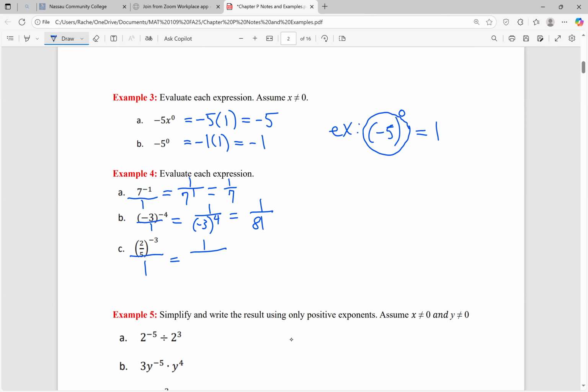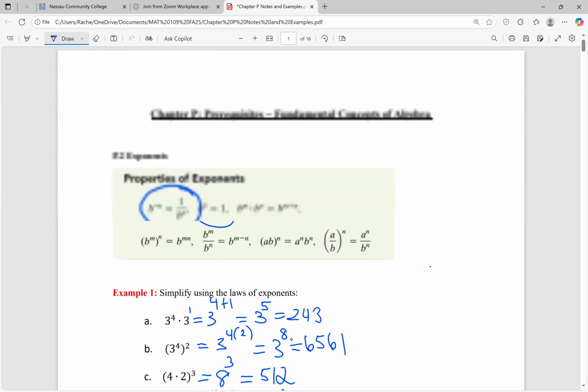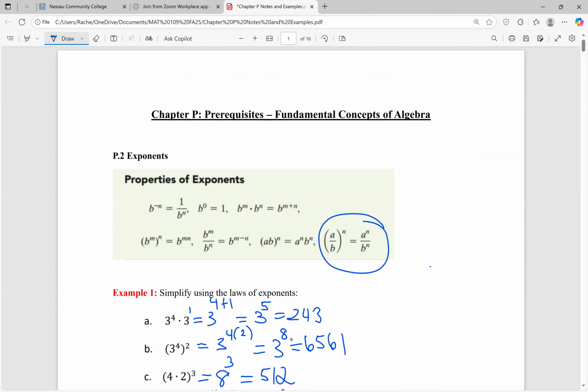So we're going to have 1 over 2/5 to the positive 3. And this is going to be equal to 1 over, and we're going to use this rule right here if I have a quotient raised to a power. We have to distribute that exponent to both the numerator and the denominator.